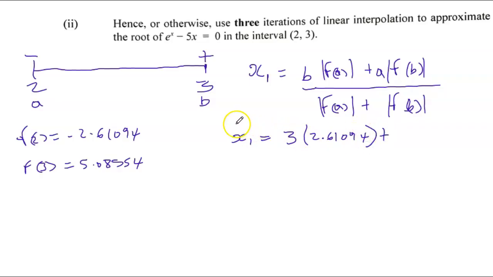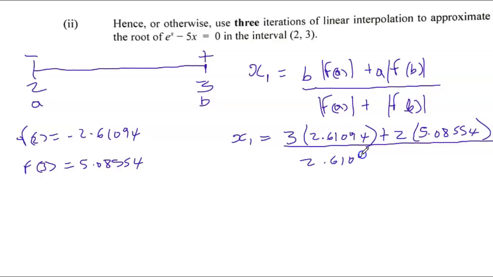plus a, and of course we're using a to be 2, times f(b), which is already positive, 5.08554, all over the sum of the two brackets, f(a) and f(b), using the positive values, of course.